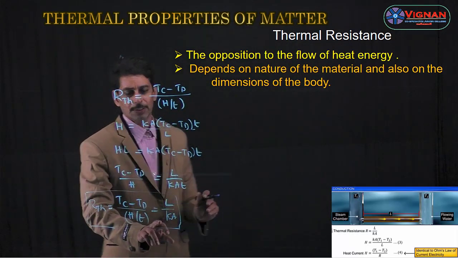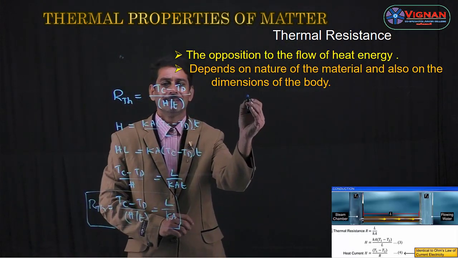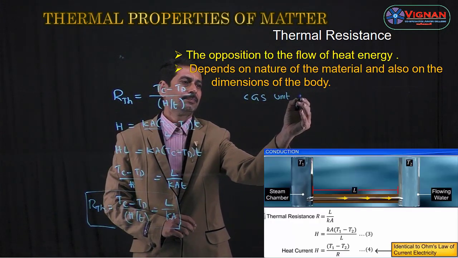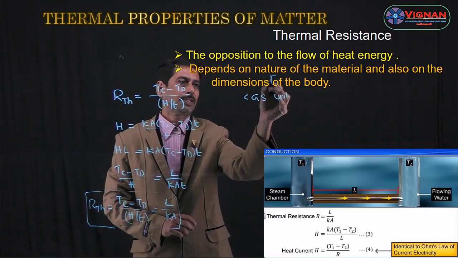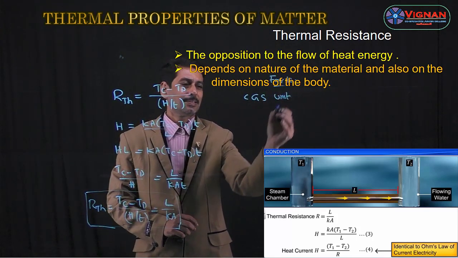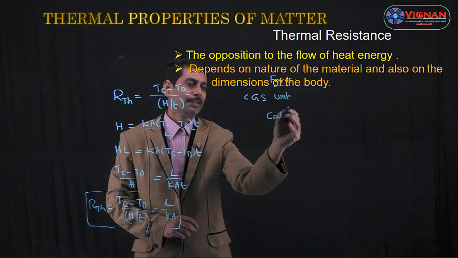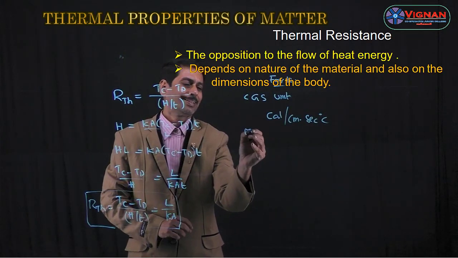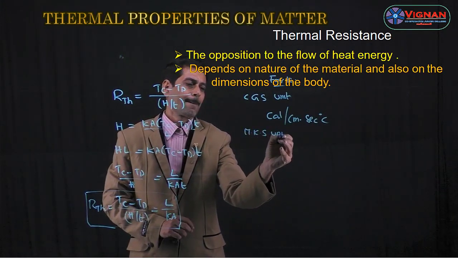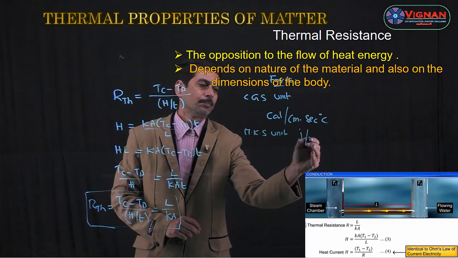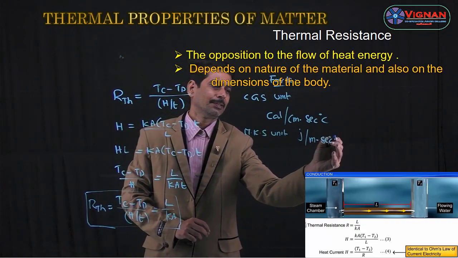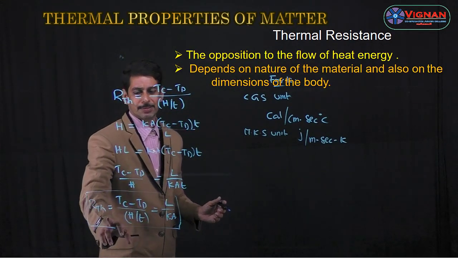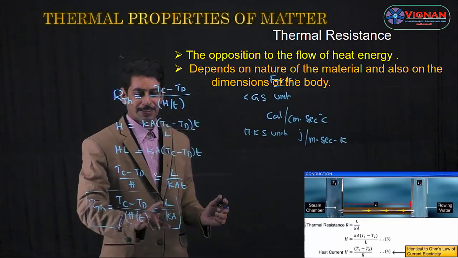We already know the units for K. The CGS unit for K is calorie per centimeter second degree centigrade, whereas the MKS unit is joule per meter second degree Kelvin. And we will write the units for RTH. RTH is nothing but L by Ka.